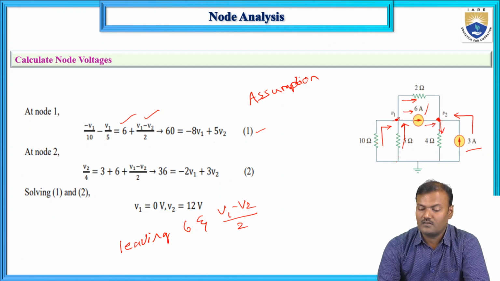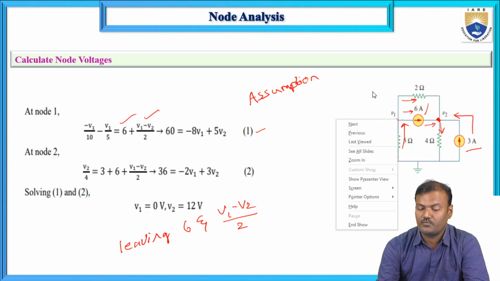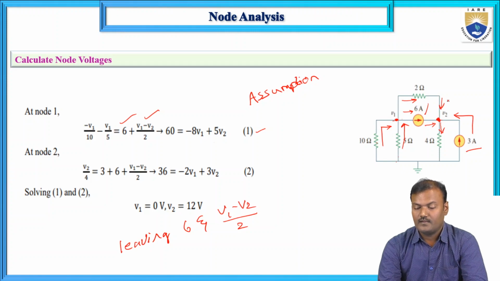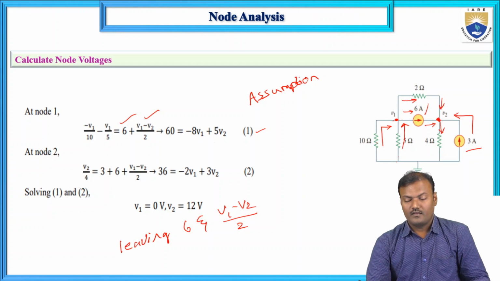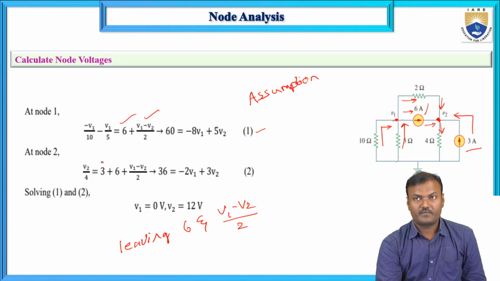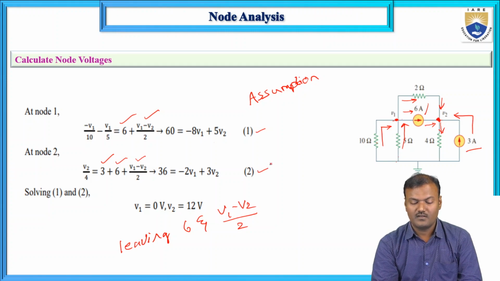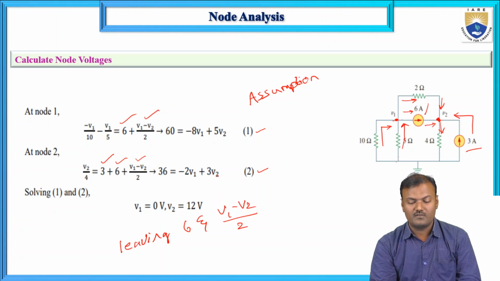And the third one, due to the difference of potentials between V1 and V2, is also entering. So the sum of three currents, one is 3, second is 6, and third is (V1 minus V2) by 2, is equal to V2 divided by 4. So that is the second equation, an equation with two variables V1 and V2. We can solve these two equations as V1 is 0 and V2 is 12 volts.